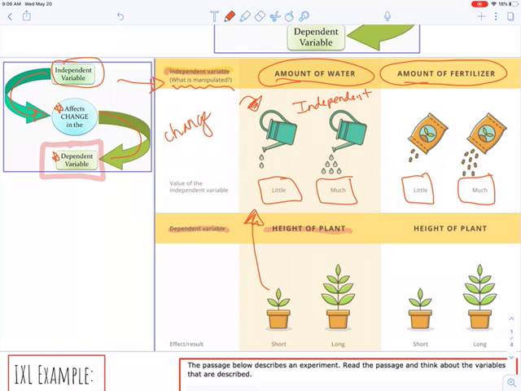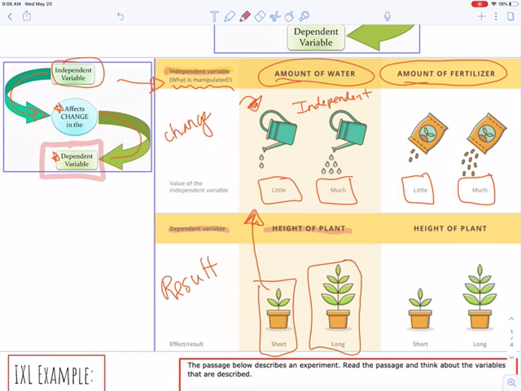Okay? Because the scientist changed the amount of water, the plant height might be short or long. So this is kind of the result of the change in water, or the manipulation of water.